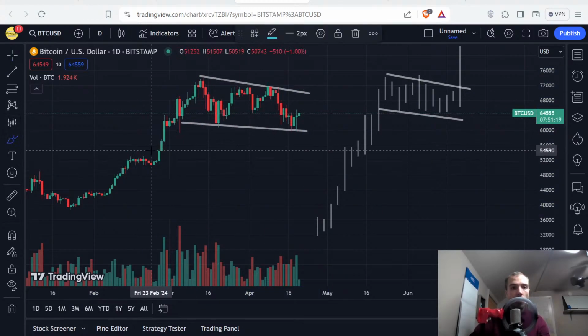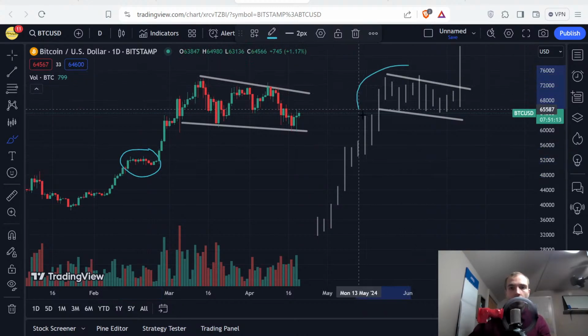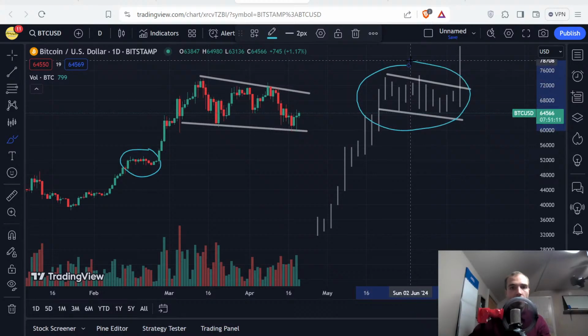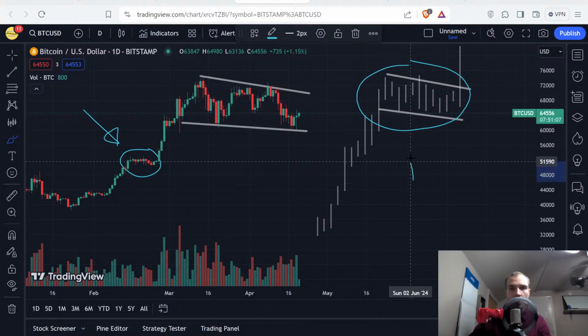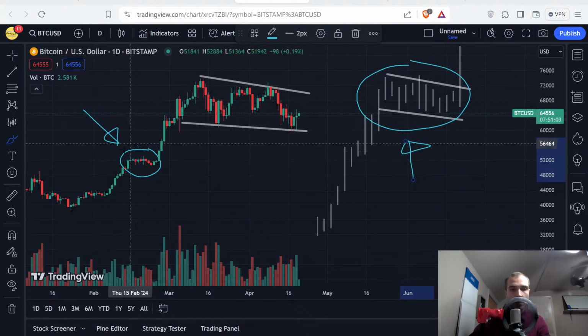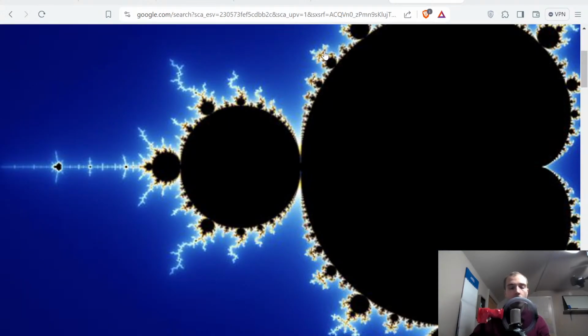It was just a smaller version of it, right? This little fractal right here. Here's the bigger version of it, right? So this is just a bigger version of this little one right here. So what I'm showing you is that this fractal is repeating itself, right? The microcosm is the same as the macrocosm.